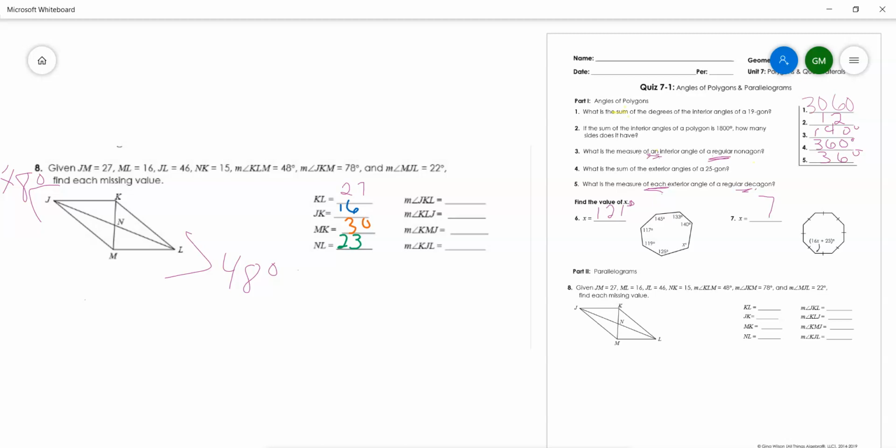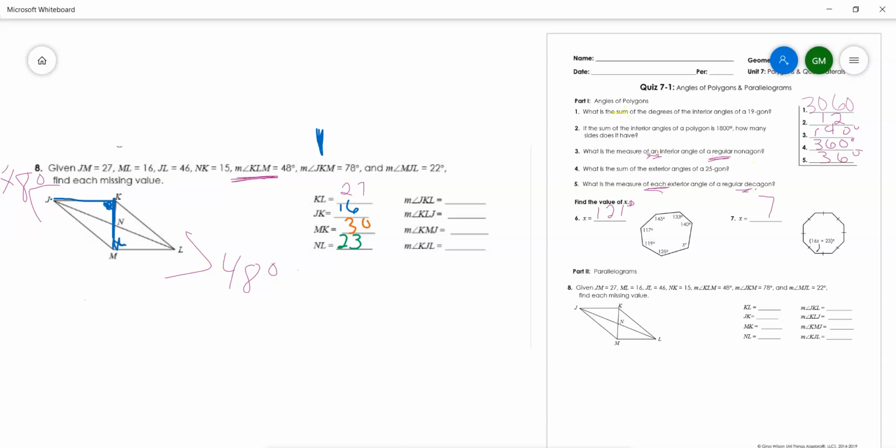All right, so then we have JKM. So this is JK. KLM, this is going to be purple. Let's label this one blue. JKM, so that's this angle here. And the alternate interior angle is that angle.